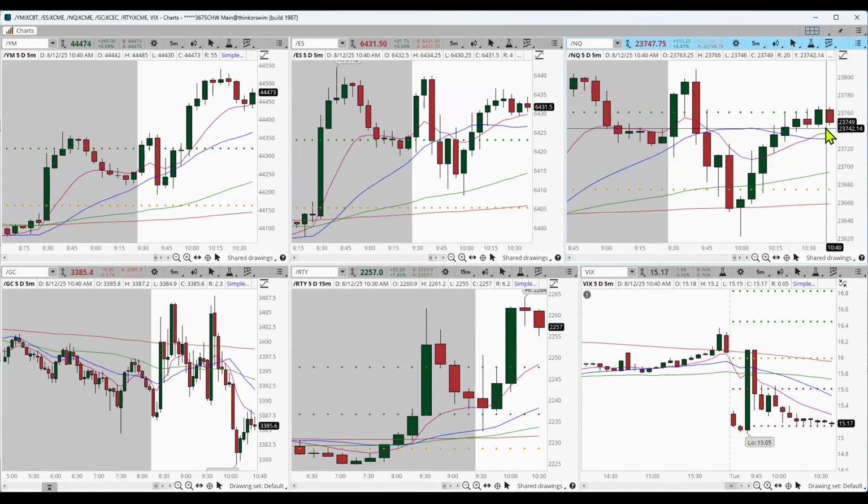Bottom line, that is the reason why I like using these moving averages. If you don't want to use the 10 exponential moving average, you can use the 8 simple moving average.